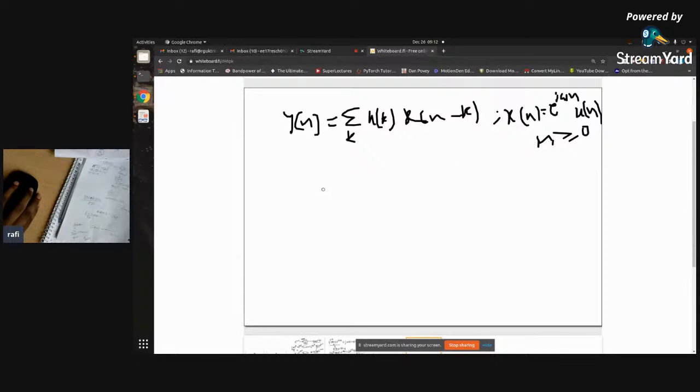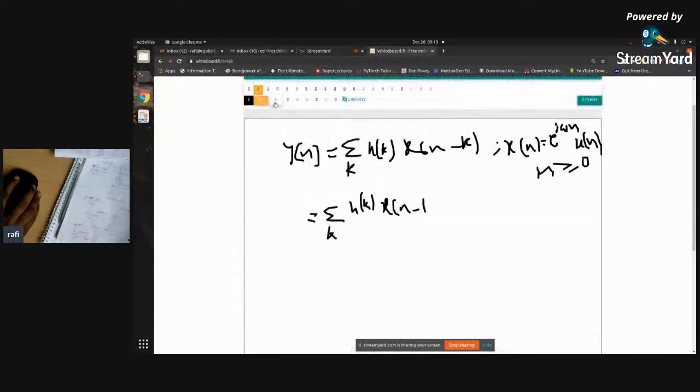When you substitute this, the limits of k are by default from minus infinity to infinity. In the place of x of n minus k, we can write e power j omega into n minus k, wherever n is there replace it, and u of n minus k.